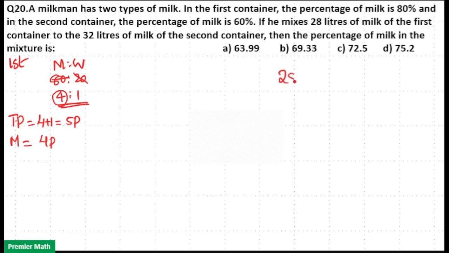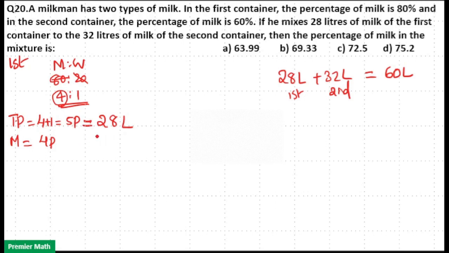The milkman has taken 28 liters from the first container and 32 liters from the second container, and he gets a 60 liter solution in the final mixture. Here 28 liters has been taken from the first container, which has 5 parts.